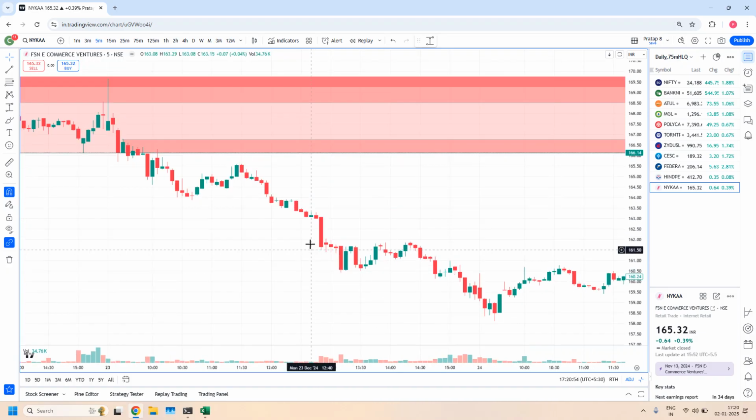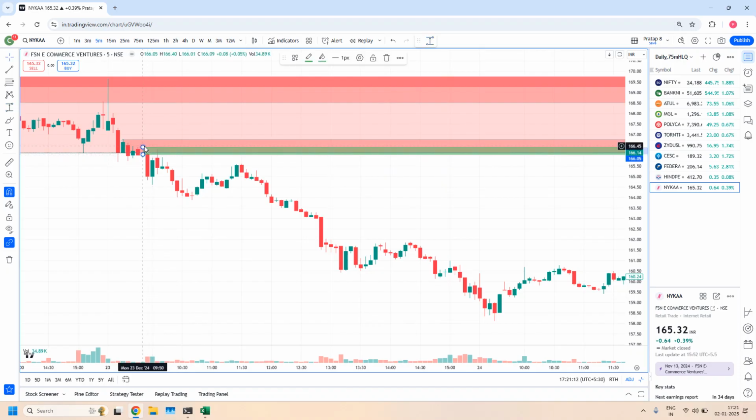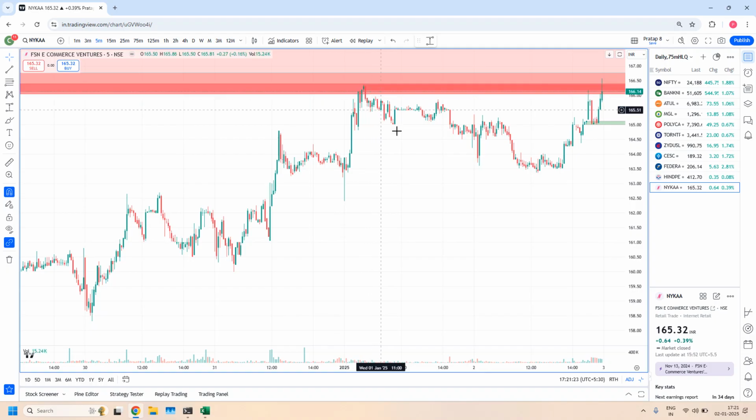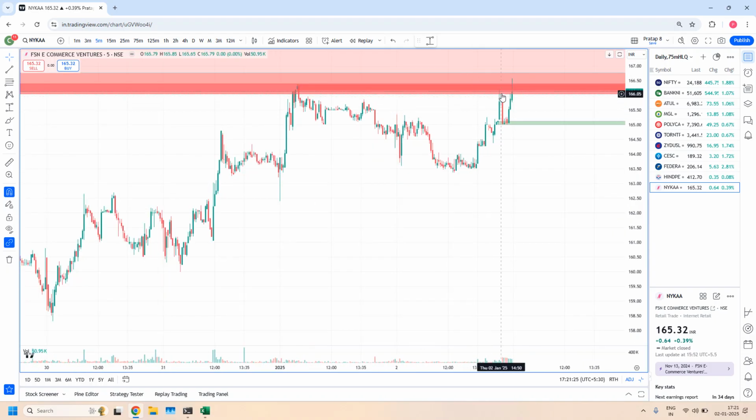But what about here? Here we have some drop, base, drop kind of structure. Not very clear, but still we can draw the zone like this. Anyway, see, this zone is tested, and again tested a second time, and today again tested a third time.